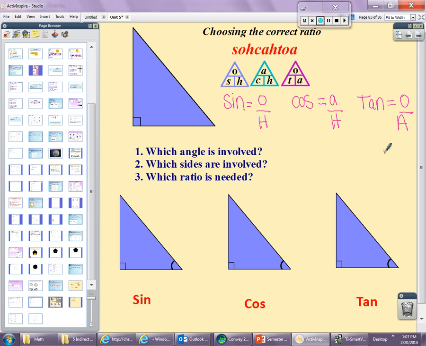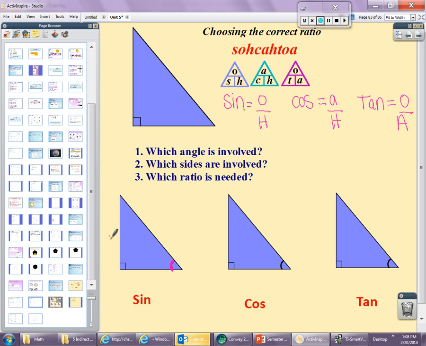So what does that look like? Well, again, here's my reference angle. Remember that reference angle we just talked about in worksheet T1? If that's my reference angle, and I have, let's say, this side right here, the side opposite, let's say that I'm given that side.